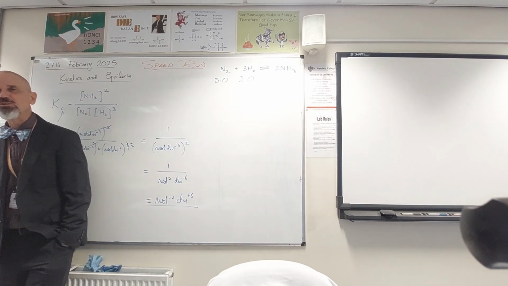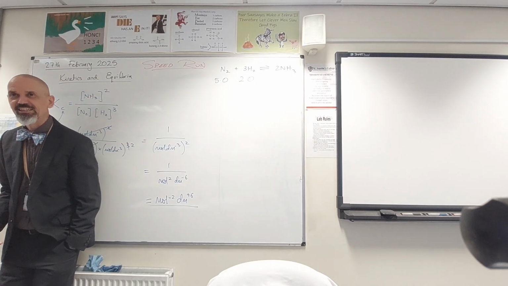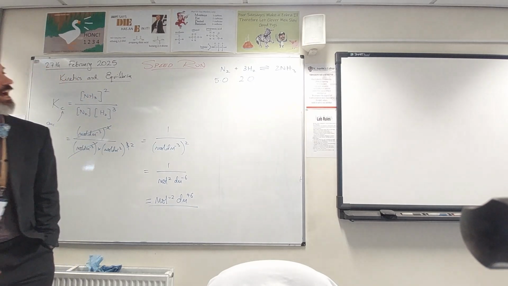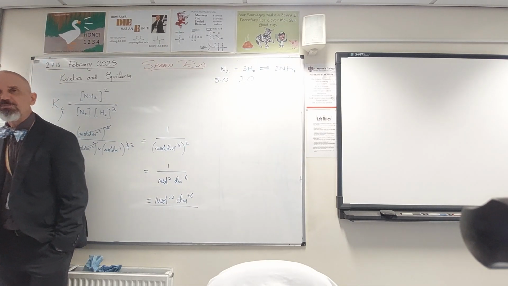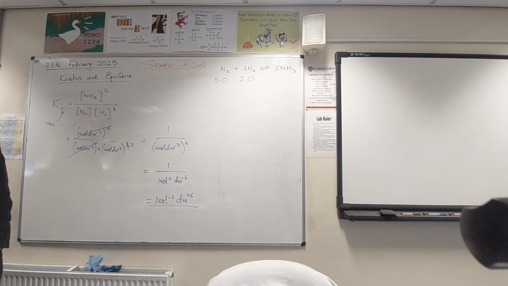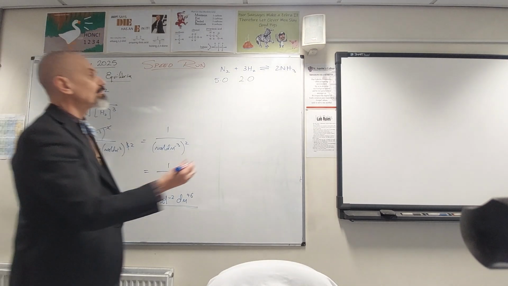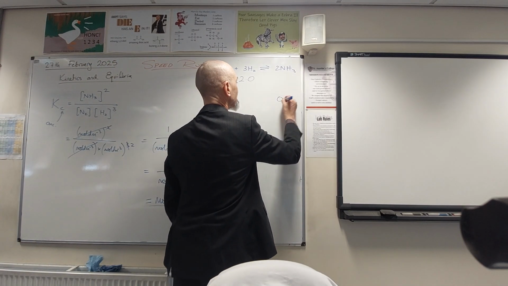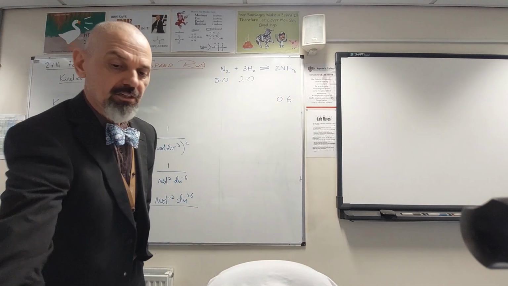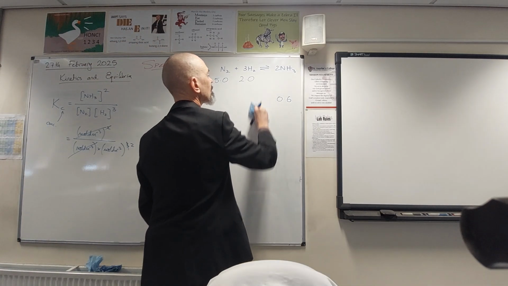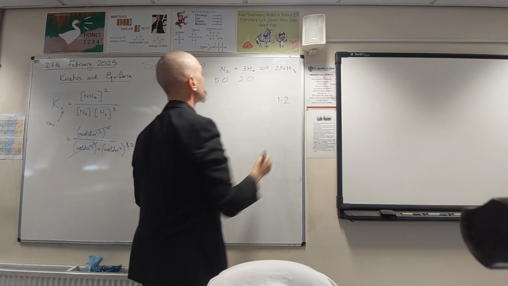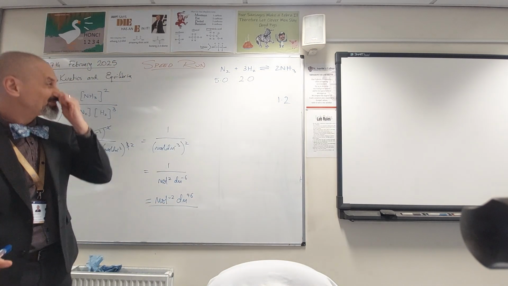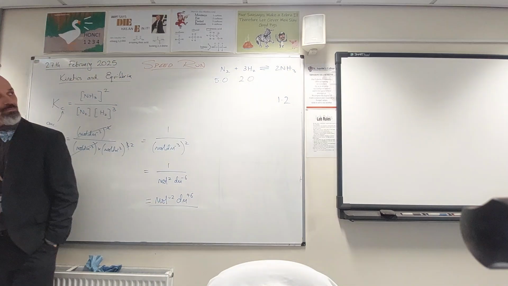I can put as many moles of gas in a box as I like. We're in charge. And I'll leave that going for a bit, and then when I come back later, I've made 0.6 moles of ammonia. Should we go 0.6? No, let's have 1.2. Come on, let's make it more interesting. Is that all right? Okay.